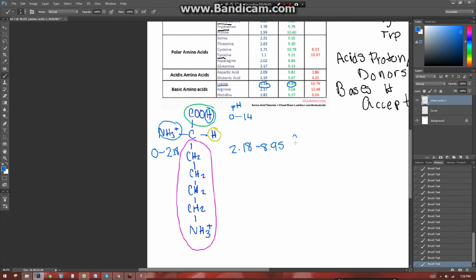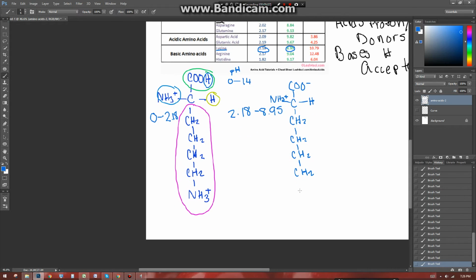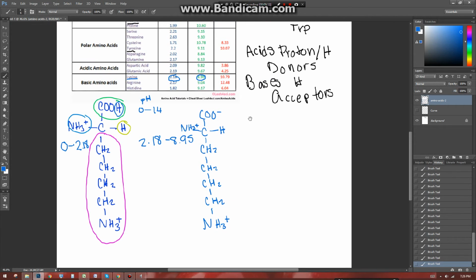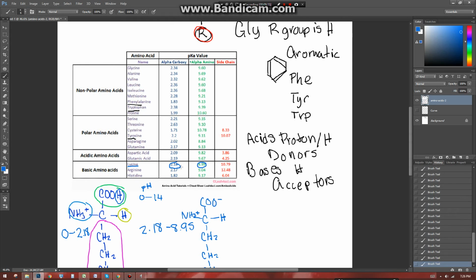So I'm going to redraw it without that hydrogen. And now it has a minus charge. So that's from here to here in this range.